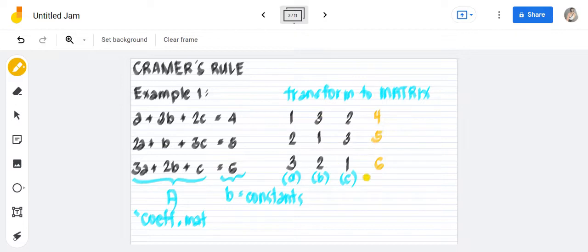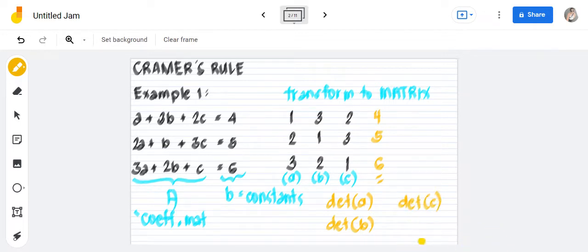So for Cramer's rule, what we want to do is to solve for the determinant of a matrix, wherein for determinant of a, this will be the matrix in which we substitute the column of a with our constants. Then we also want to solve for determinant b and determinant c.